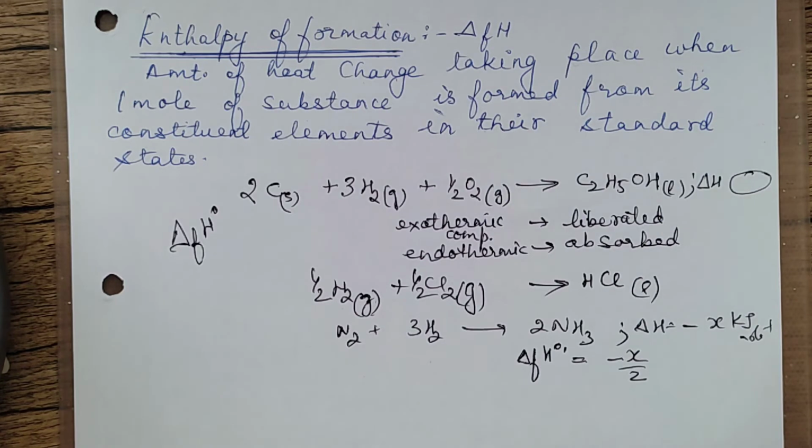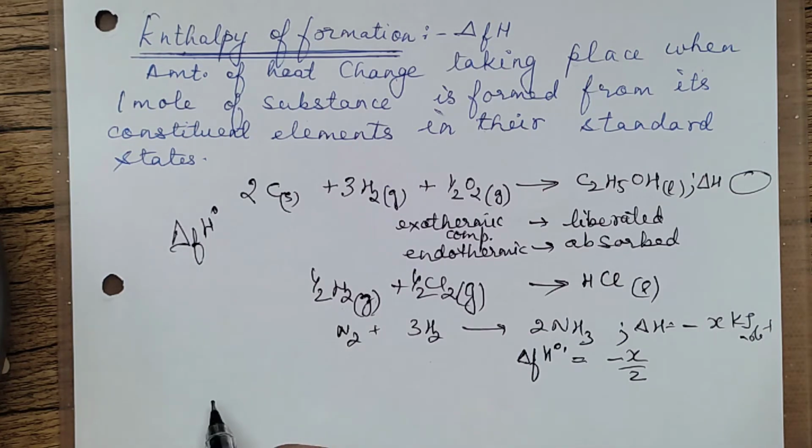Clear? At times you are given the enthalpies of formation of all the reactants and the products, and you are asked to calculate the enthalpy of the reaction. Then how will you do it? Suppose this reaction is given, N2 plus so on, and the enthalpy of formation of all were given.